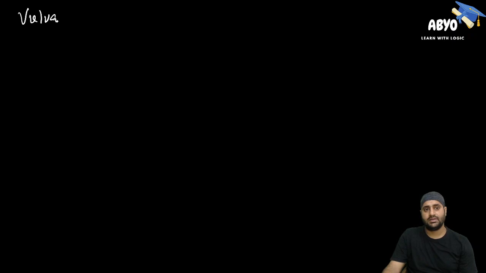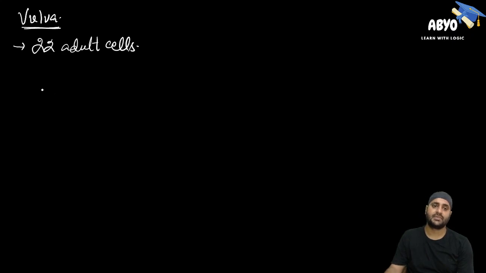Now, let us talk about some important points related to the vulva. The vulva is made from 22 adult cells. These 22 adult cells develop from 6 precursor cells, which we call vulval precursor cells.